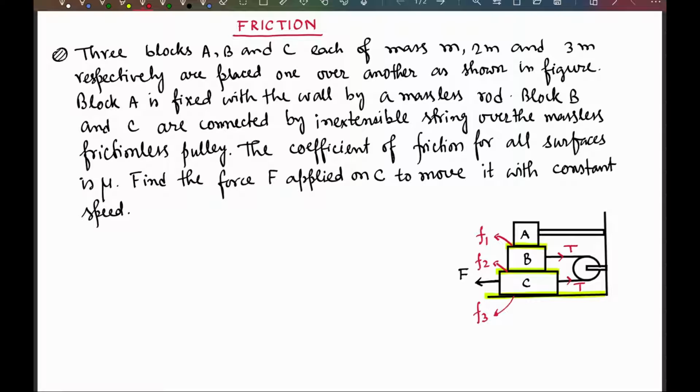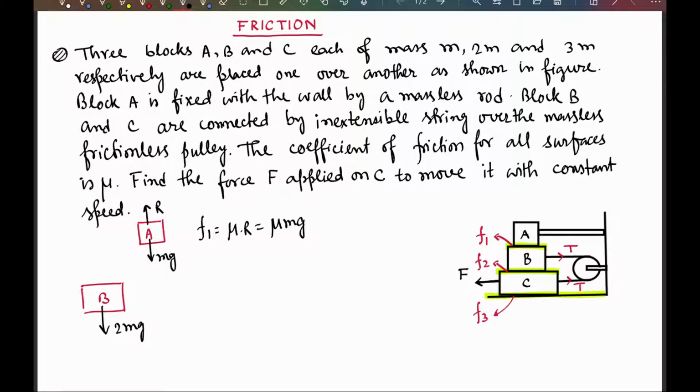Now first, this is the free body diagram of A. Here mg is the force acting downward. If R is the reaction force, then the frictional force F1 is equal to mu into R, that is mu mg. Now for the second block, block B, the force acting here is 2 mg, as 2m is the mass.